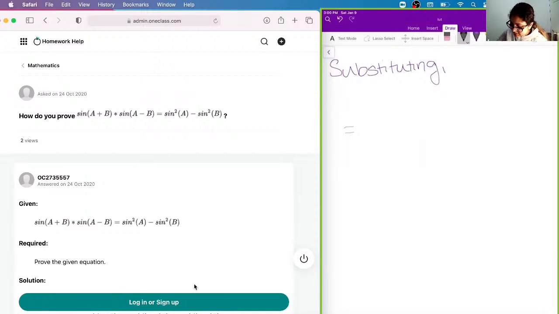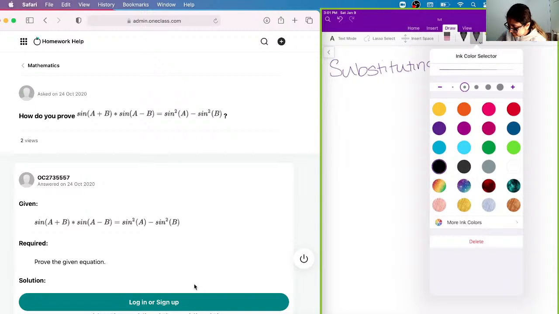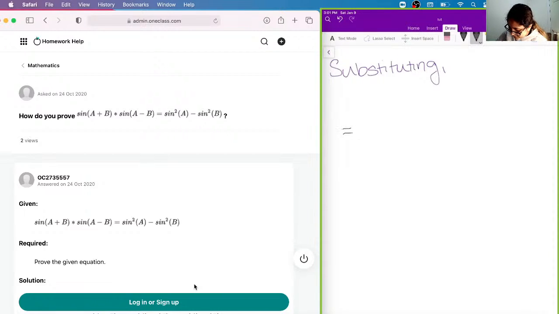So for sine a plus b, we got sine of a times cos of b plus cos of a times sine of b.